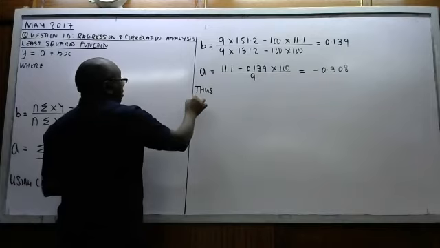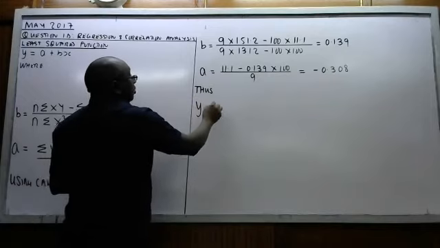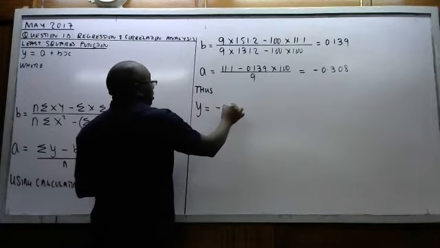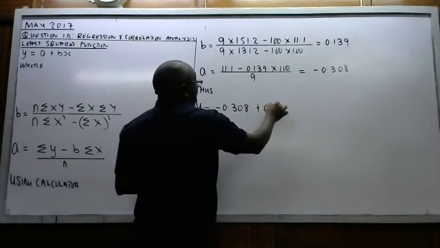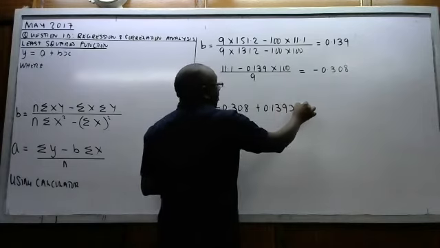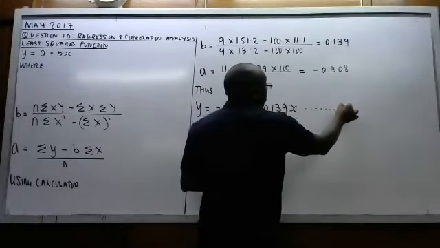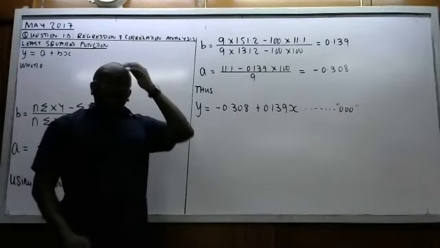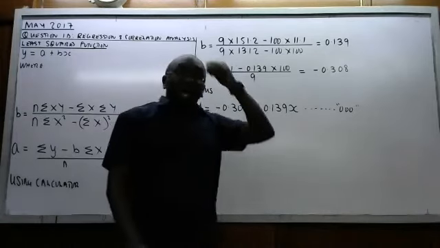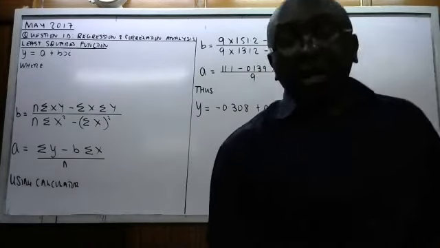Thus, y is equal to minus 0.308 plus 0.139x. And remember, the whole of this equation is in thousands. So are we agreed? Are you agreeing with my answers?